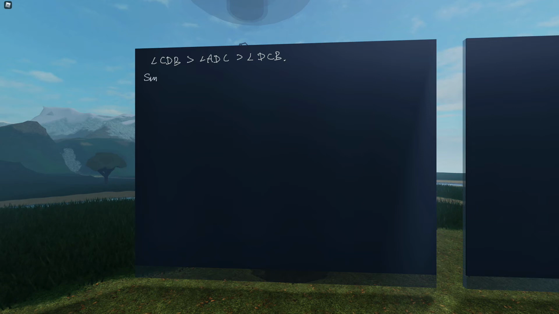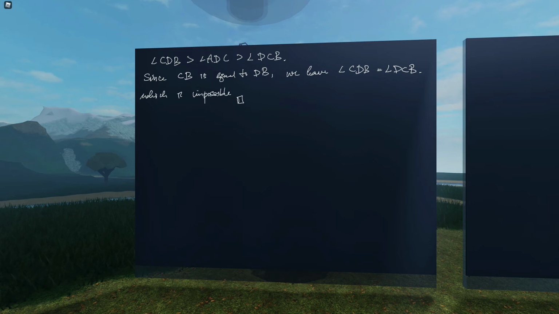Since CB is equal to DB, we have angle CDB equals angle DCB, which is impossible because it contradicts the inequality that we've just written down. CDB is supposed to be much greater than DCB, but we've also shown that if we assume these pairs of lines originating from A and B are equal, then these two angles are supposed to be equal.